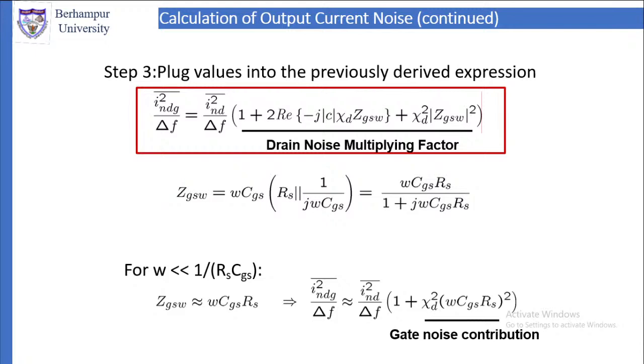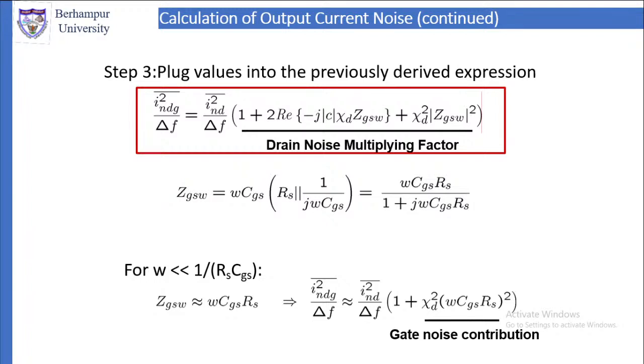The drain noise multiplying factor is equal to 1 plus 2 times real part of minus j absolute of C ZD ZGSW plus ZD square ZGSW square, absolute square.